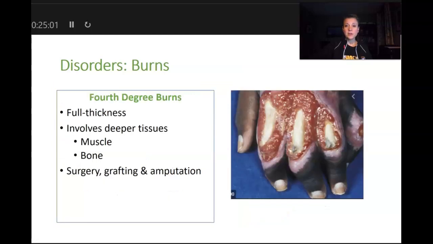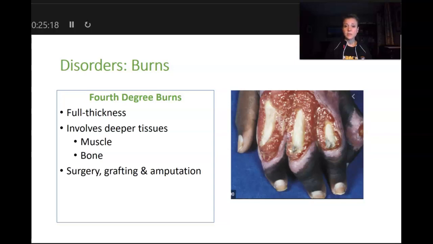This is a picture of a 4th degree burn. What characterizes a 4th degree burn is the involvement of tissue besides the skin and the subcutaneous layers.